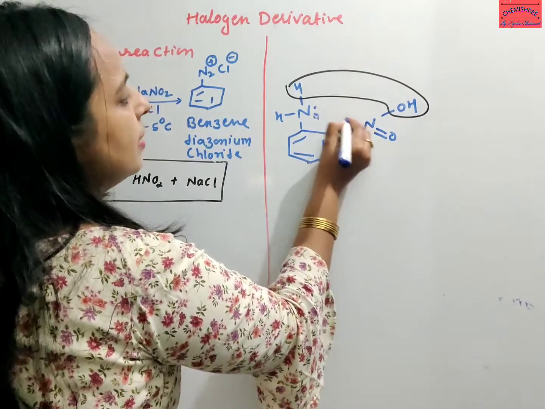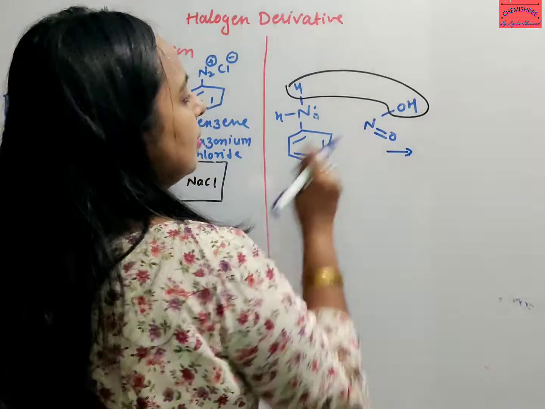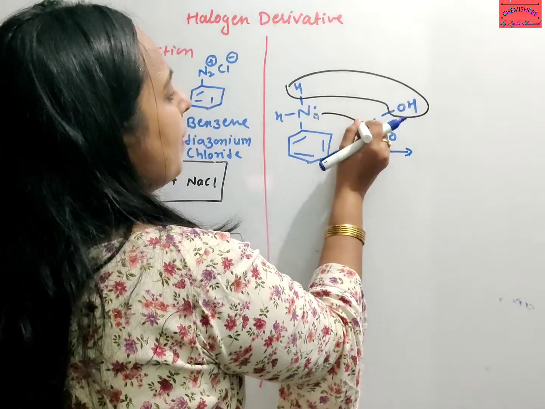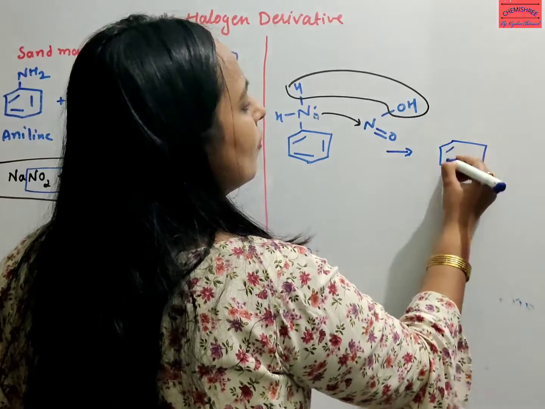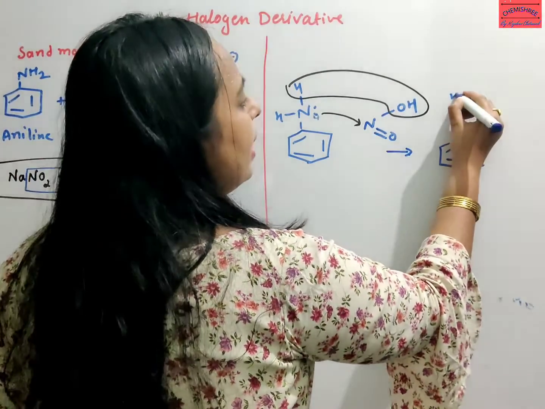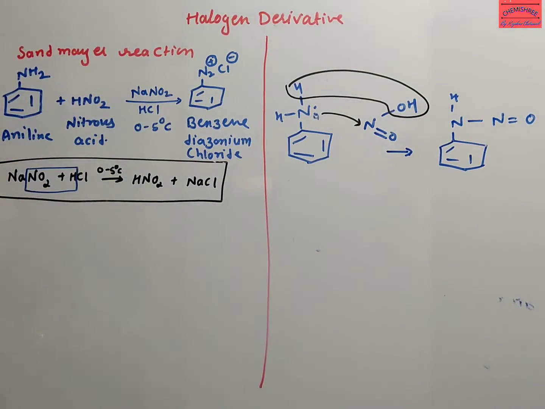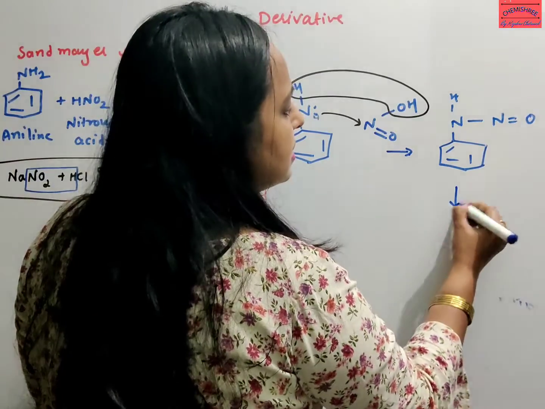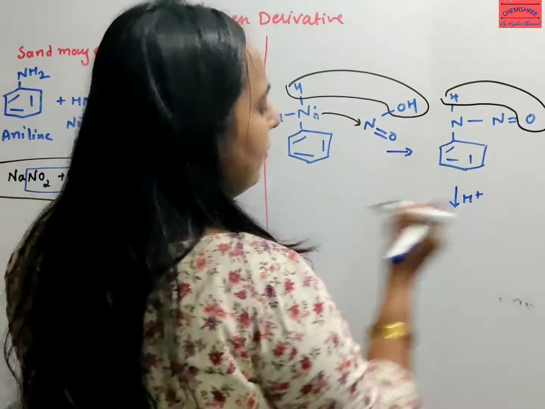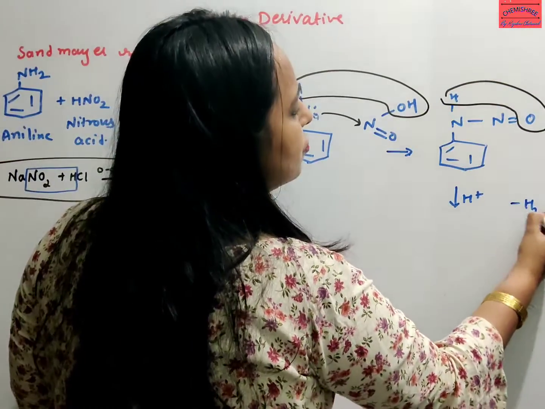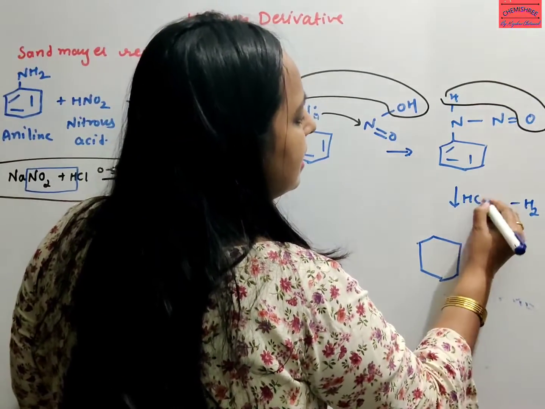So this nitrogen will form a bond over here, and you will get nitrogen, one hydrogen is there, and double bond O. Now in presence of acid, this hydrogen and oxygen are also removed and form H2O, and in presence of acid salt, HCl is there.